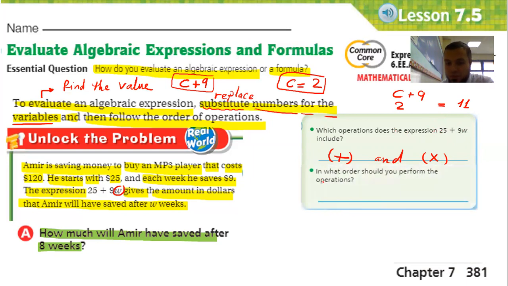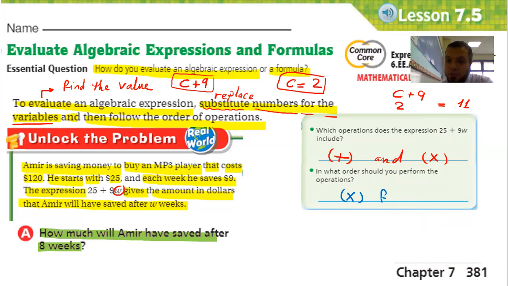Next question. In what order should you perform the operations? Which operation should you solve first? Great. Multiplication first. That's right.